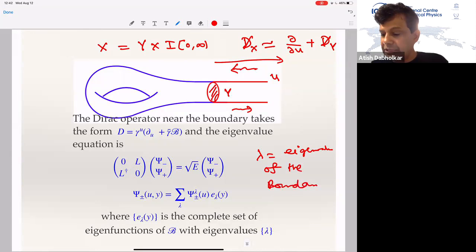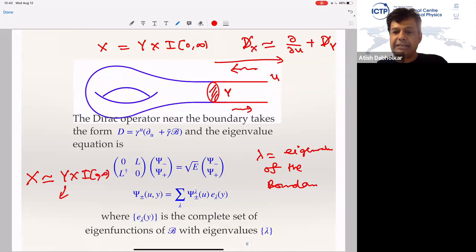So you're looking at a manifold X which has the form of some manifold Y cross I going from 0 to infinity, and the operator on this boundary theory then becomes a one-dimensional problem. So you can reduce it to supersymmetric quantum mechanics, because it just becomes a one-dimensional problem in each lambda sector.